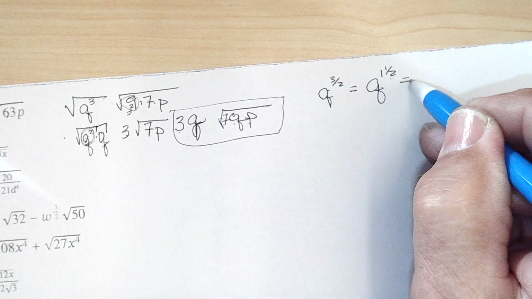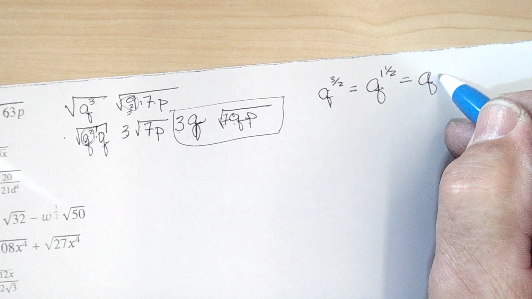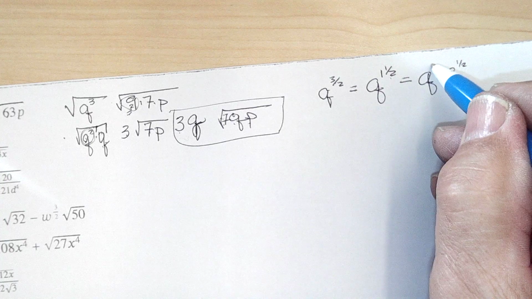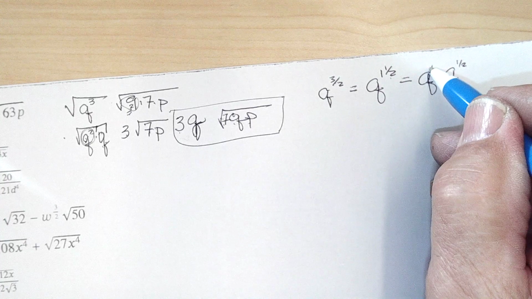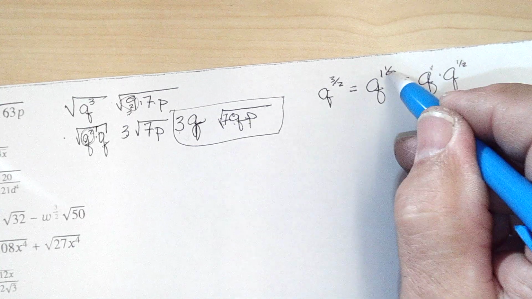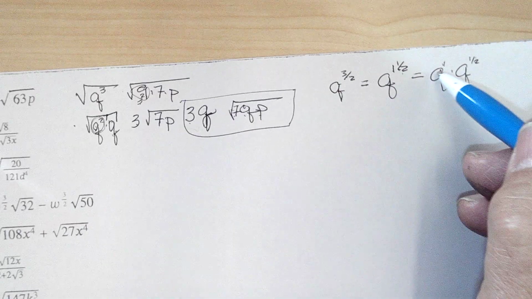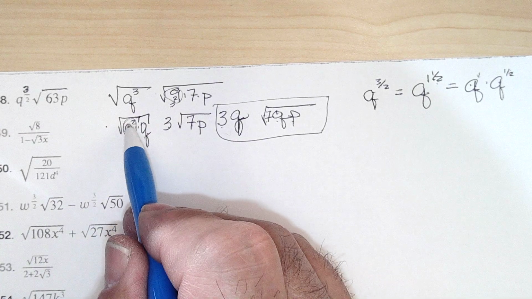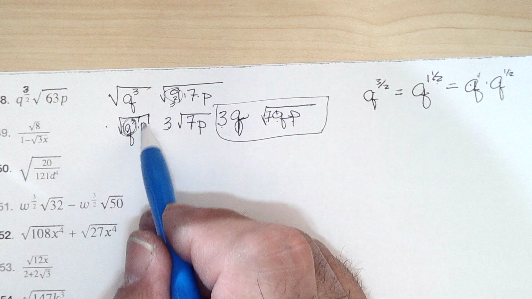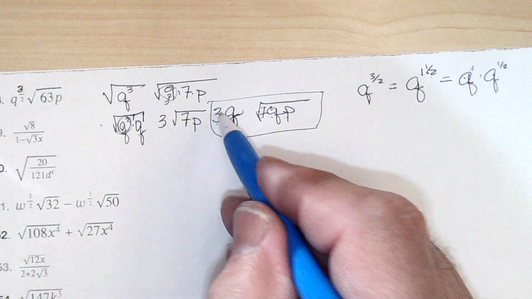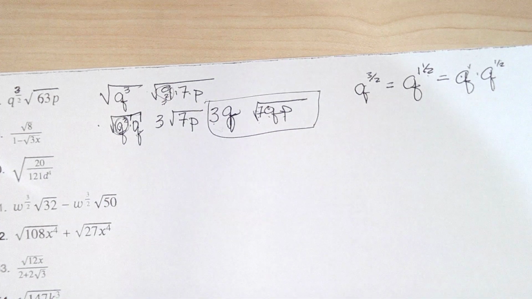And that is q times q to the 1/2, because that has an exponent of 1 plus 1/2 is 1.5. When you multiply, you add the exponents. So I get q and the square root of q, just like we saw here. We get q and the square root of q from that. And I could do similar stuff for the other part, but I think that was simple enough.